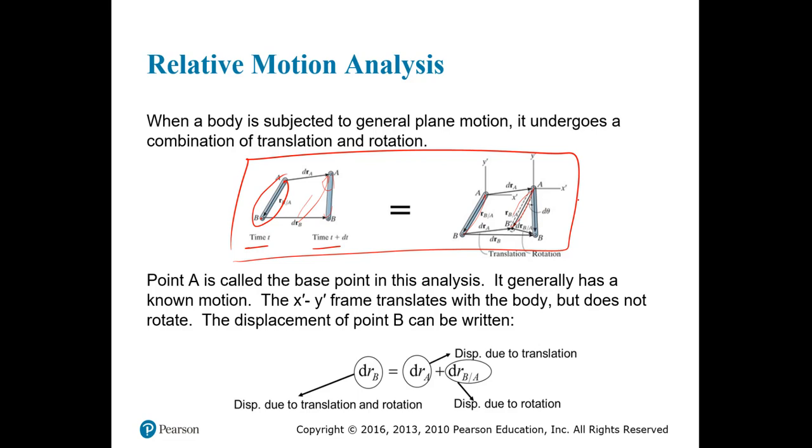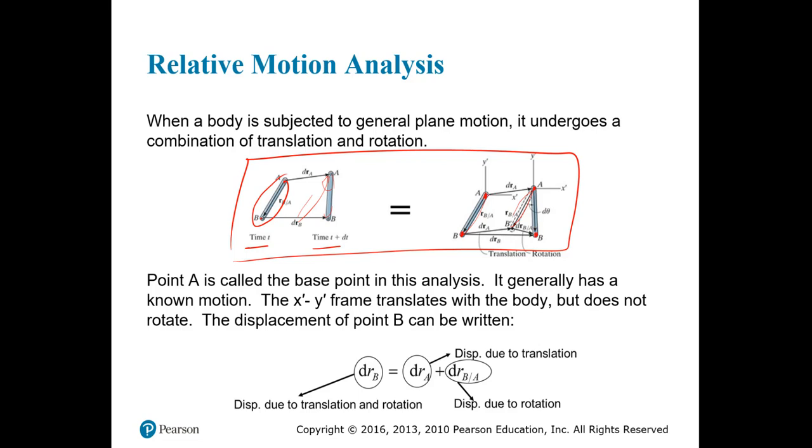What I want you to realize with this is that as we build up the equation, we will be dividing what is due to translation, what is due to rotation, and what is due to both. All right, so we are trying to build a relative position vector combination as we've been doing since statics. Point A has an initial position at t and then a final position at t plus delta t, and then point B has an initial position here and a final position right here.